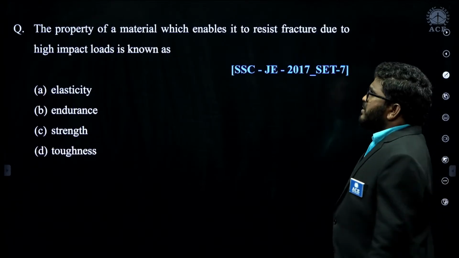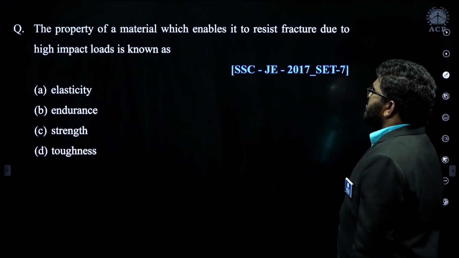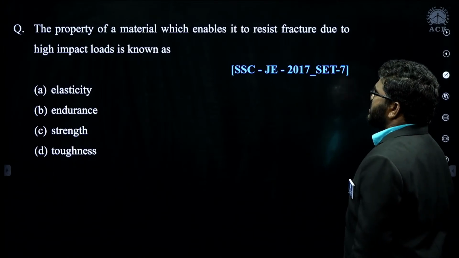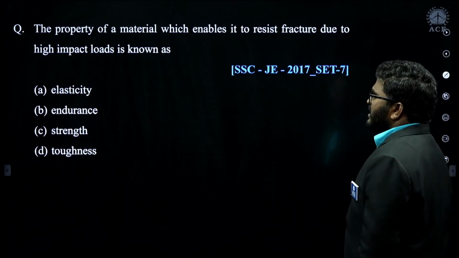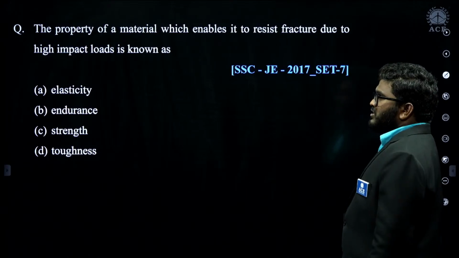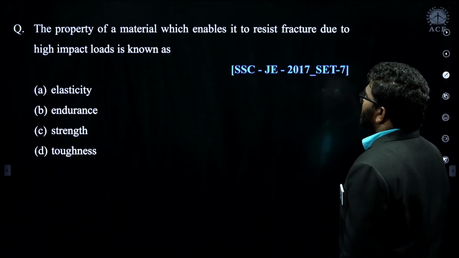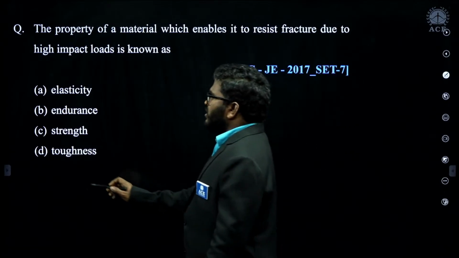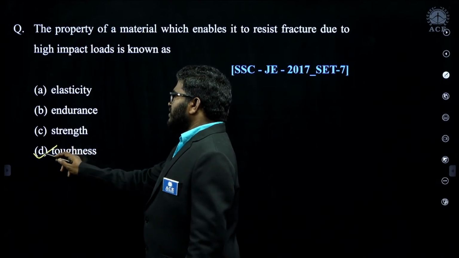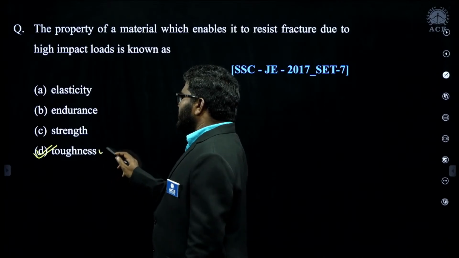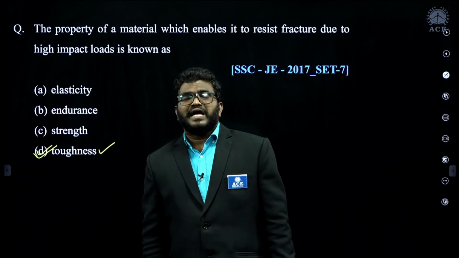Now, the property of a material which enables it to resist fracture due to high impact loads. High impact loads or sudden loads, it will resist the fracture, we call it toughness. Toughness is the ability of a material to resist impact loads.